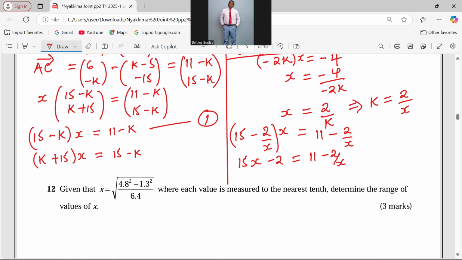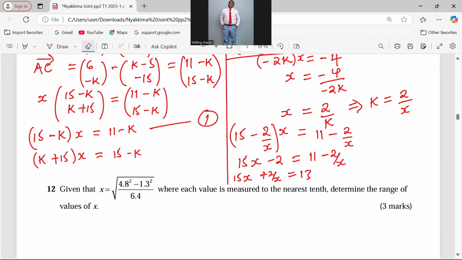At this point, we can group terms. The 11 plus 2 becomes 13. Then we bring 2 over x to the left, whereby it will be 15x plus 2 over x equals 13.